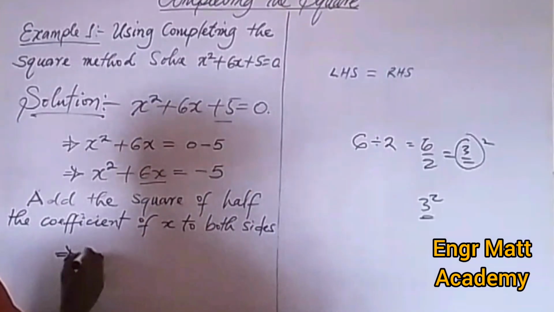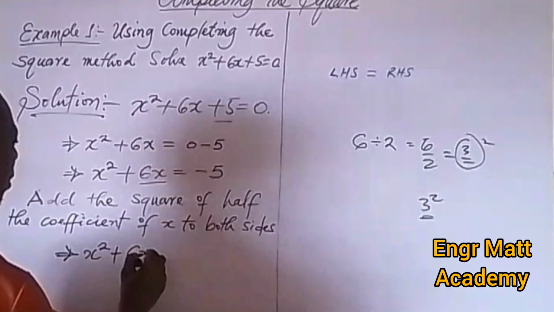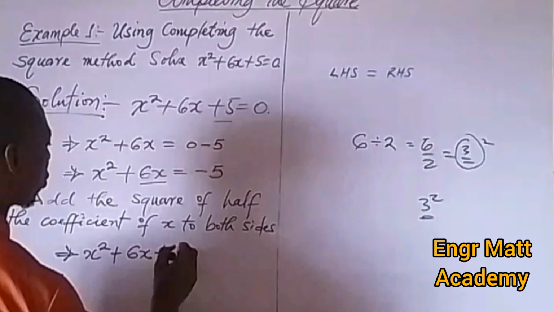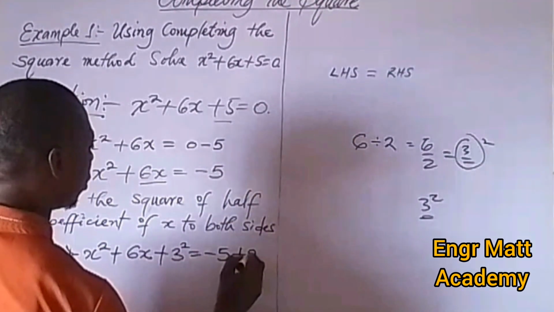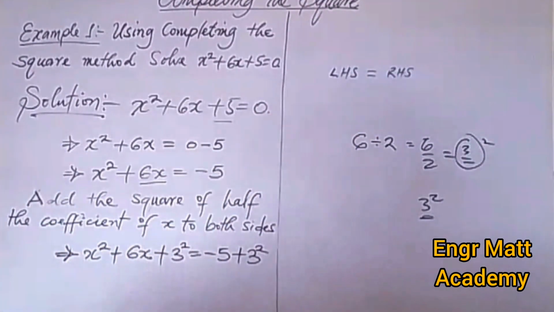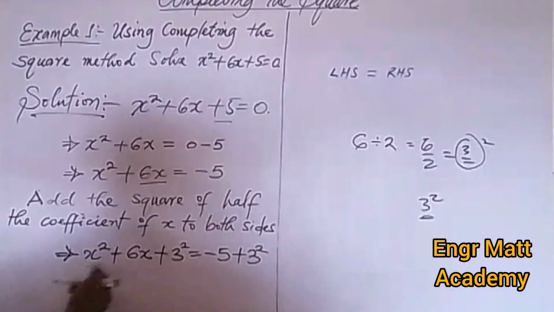So we now have x squared plus 6x plus 3 squared equal to minus 5 plus 3 squared. Remember, we add to both sides, to the left hand side and to the right hand side.